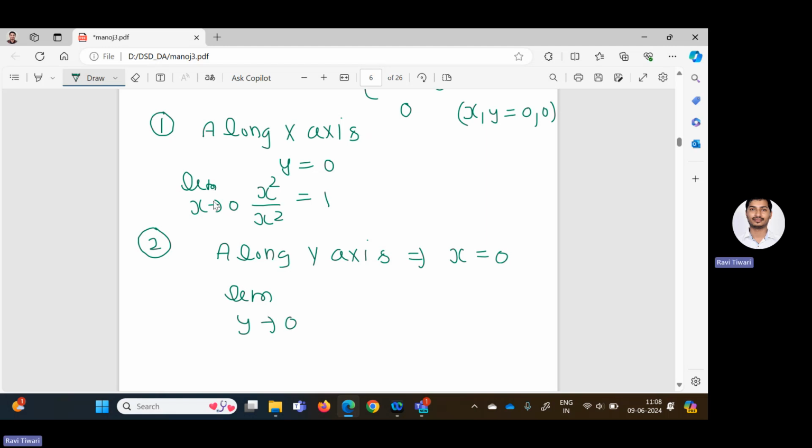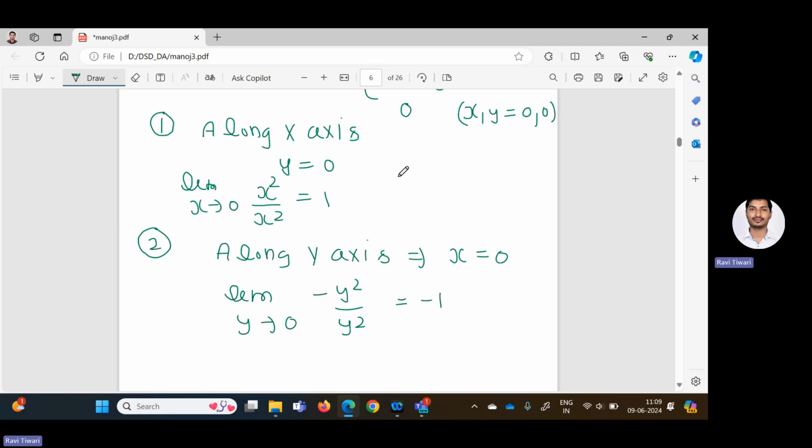Now the limit is only unidirectional, because if you are choosing the x-axis then y is exactly 0, and if you are choosing the y-axis then x will be exactly 0. So the limit as y tends to 0 gives minus y² by y², which is equal to minus 1. So two paths are sufficient to prove that the limit does not exist. So this function is also not continuous at (0, 0).